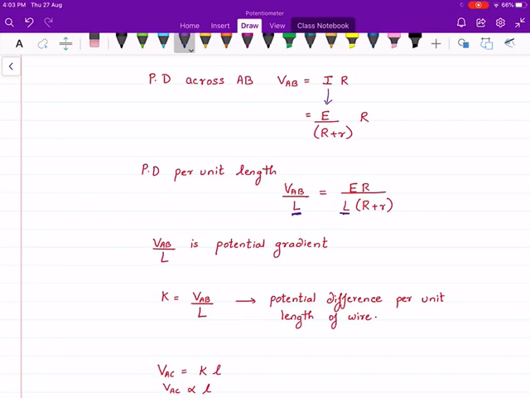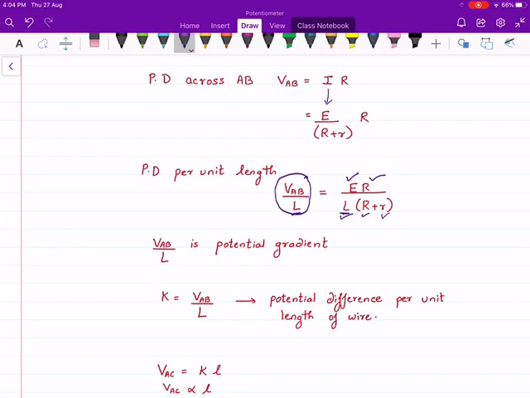Now all these parameters are constant. For a given length of wire, R is constant, L is constant, r is also constant. So provided we don't change the cell, E and r will also remain constant, and hence this VAB upon L is going to be a constant. That is called the potential gradient.